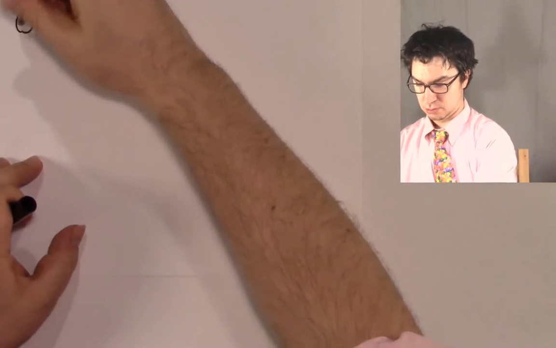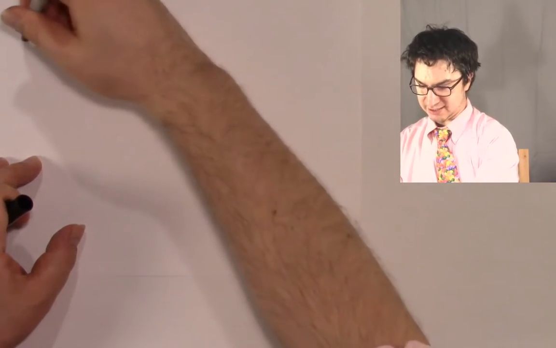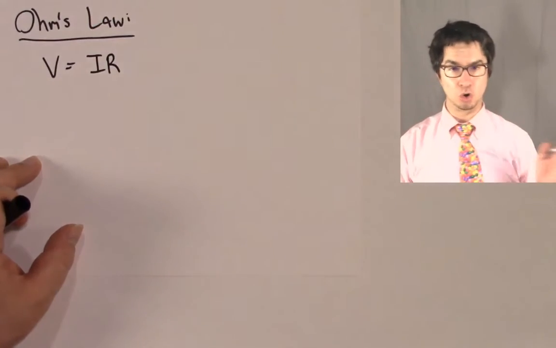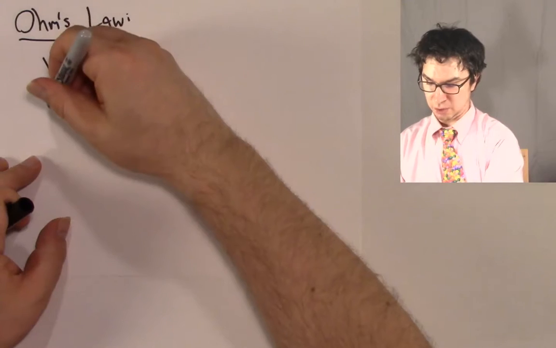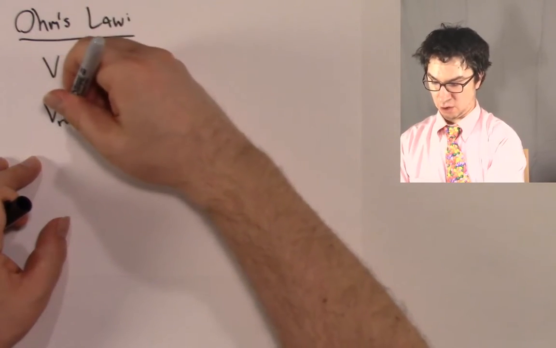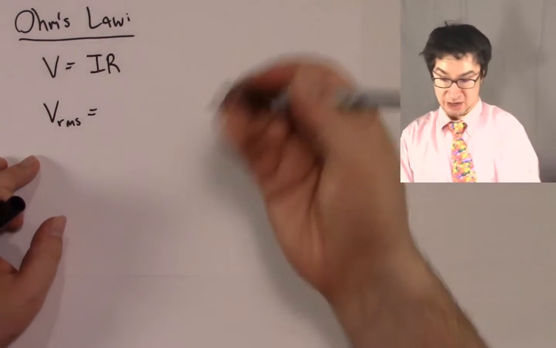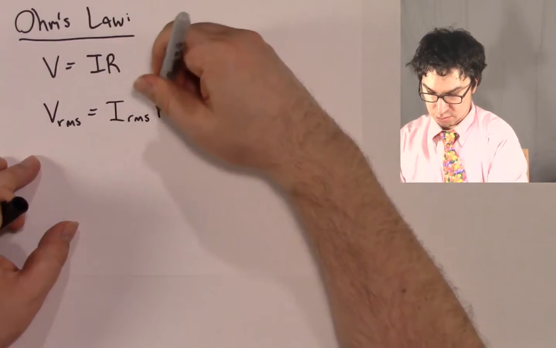Now, from Ohm's law, we can state that V equals IR, always true. But if this is the RMS voltage, we can replace this with VRMS and say that's going to produce an RMS current, an average current, I RMS.